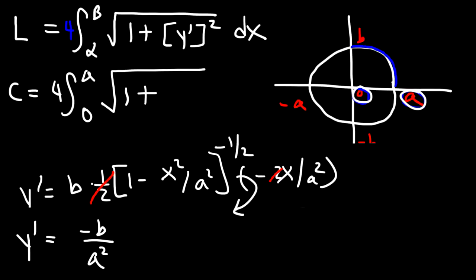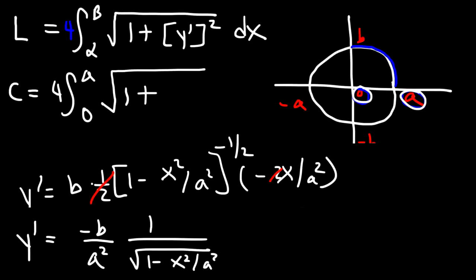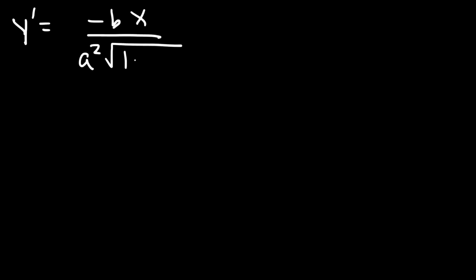It becomes positive 1/2, and then you can convert that back into its square root form. So this is 1 over the square root of 1 minus x squared over a squared. So for y prime, I have negative b, and let's not forget about the x, divided by a squared times the square root of 1 minus x squared over a squared.